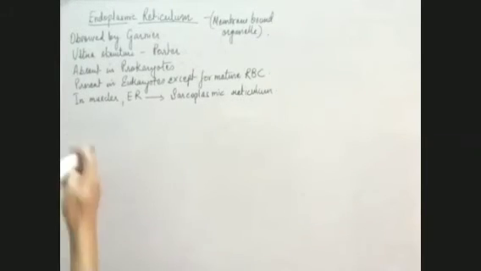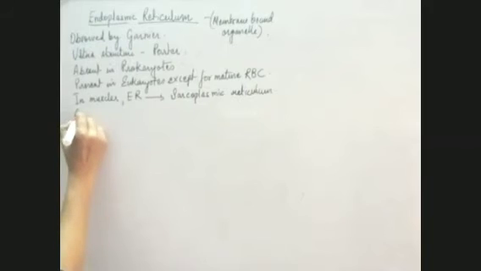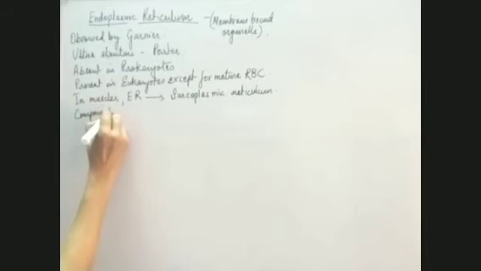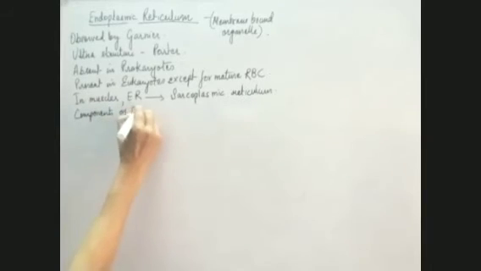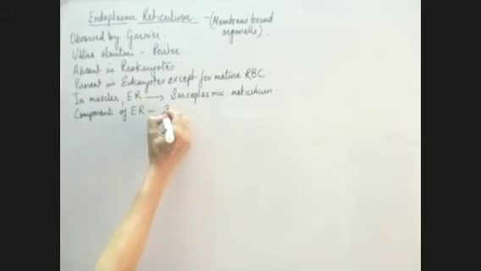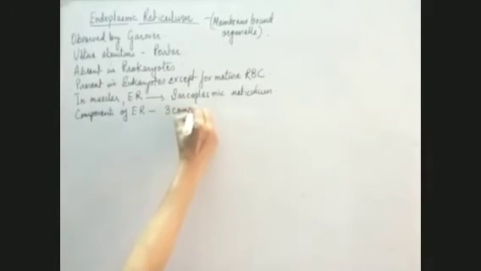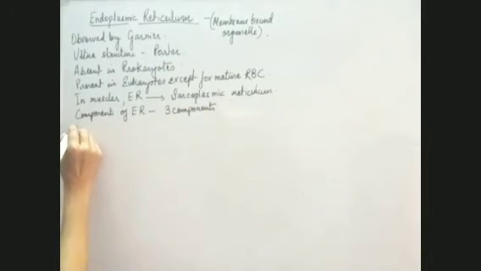Now, components of ER. What is ER made up of? Endoplasmic reticulum is made up of 3 components. The first one is cisternae.